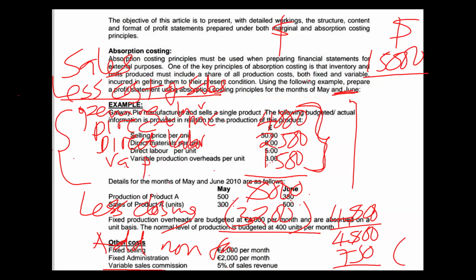The answer you find, you push in the last column and deduct from sales. So what do you have when you add 4,800 plus 750? 5,550.